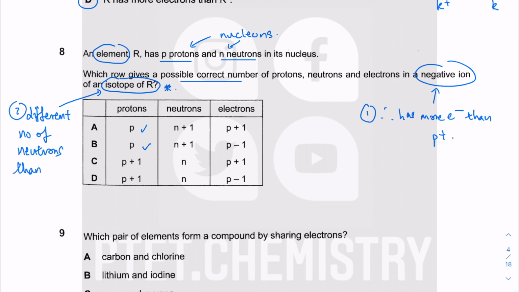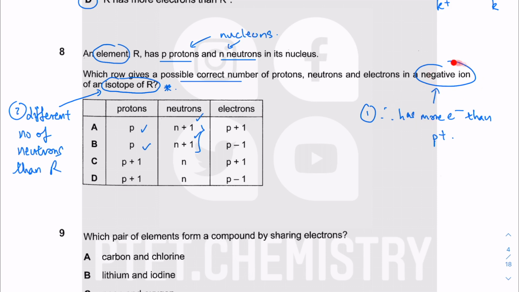than the element itself, okay? Basically, isotopes have the same proton number but different neutron number. If you have n neutrons, your neutron number can be +1 or -1, doesn't matter, as long as it's a different number of neutrons, so this is still correct. But how about electrons? Typically, when you have a different number of neutrons because they are isotopes, the electrons will be the same as protons.